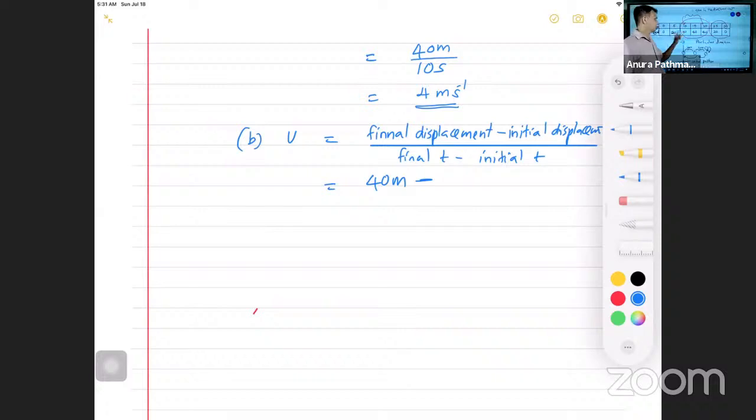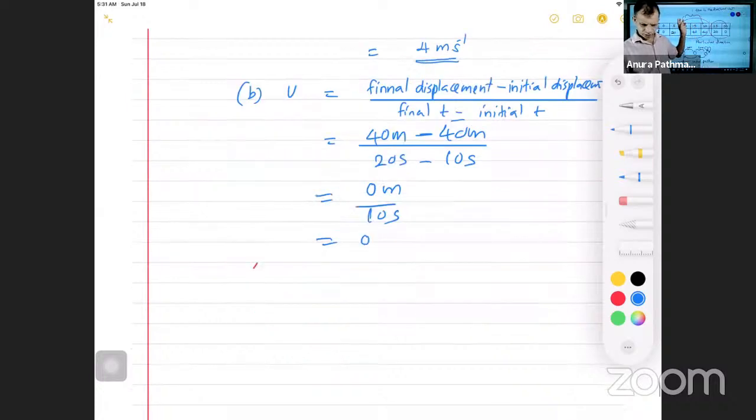The initial is 40 meters, final time 20 second, initial time 10 second. 40 minus 40 is 0 meters, and 20 minus 10 is 10 seconds. 0 divided by 10 is 0 meters per second.